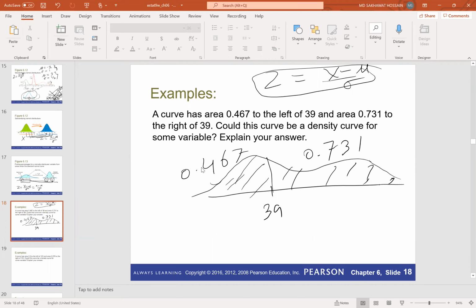They said this is a curve. So they gave a curve and said the area on the left side of 39 is 0.467 and the area on the right side of 39 is 0.731. Could this curve be a density curve for some variable? Explain your answer. What do you think? Is it a density curve or not?